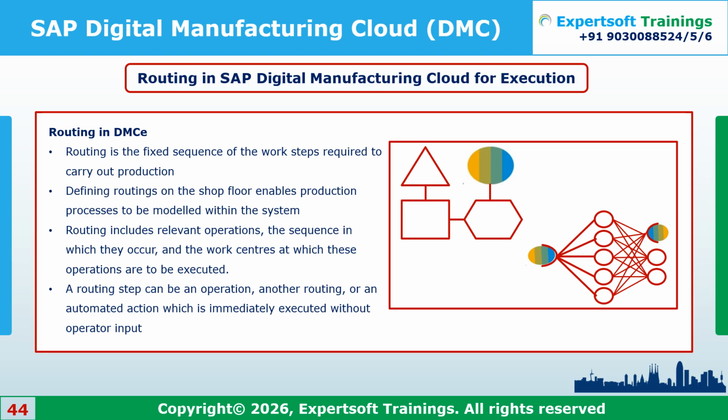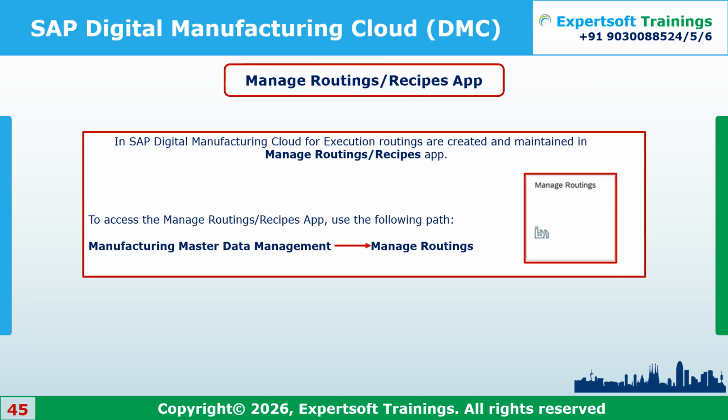Okay. So the routing in DM is again the same concept that I mentioned, which can be maintained in this app called Manage Routing. So this is very straightforward to know where you have to maintain the data in DM.